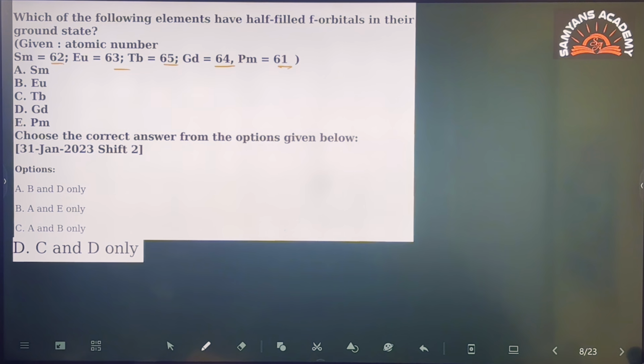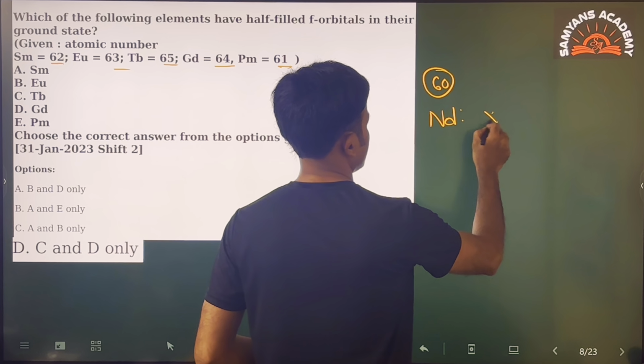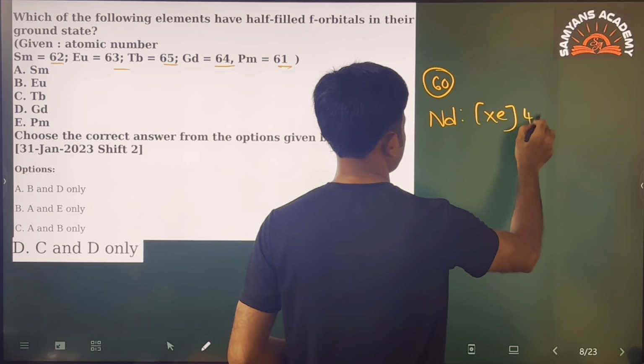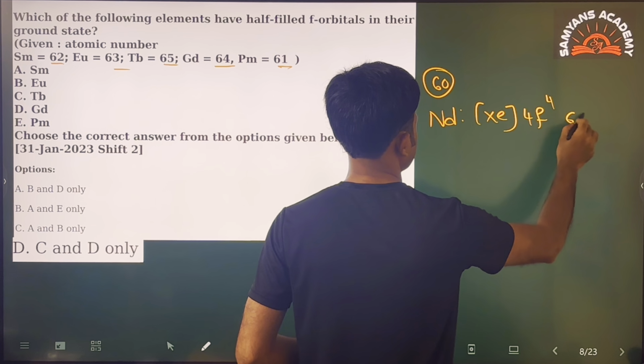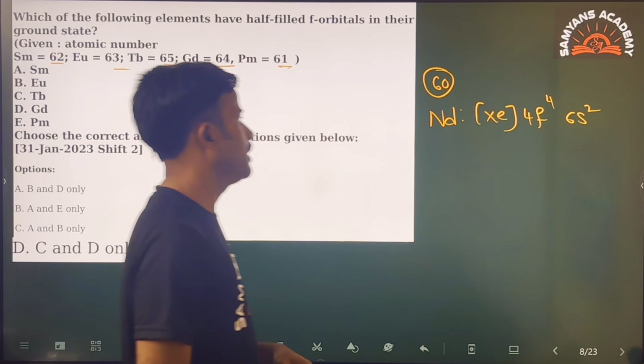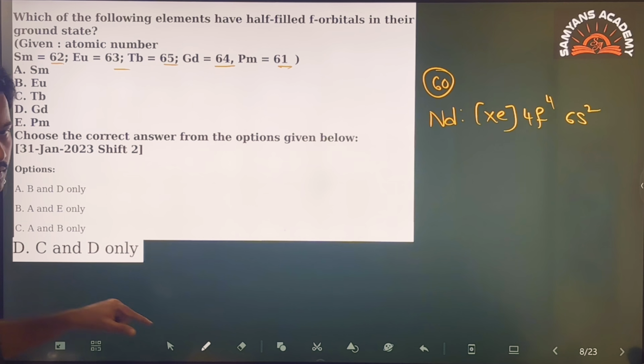Before that, this is samarium, 62. Just now we discussed neodymium. The atomic number of neodymium is 60, and its electron configuration is 4f4, 6s2. Based on this you have to fill the electrons, right?